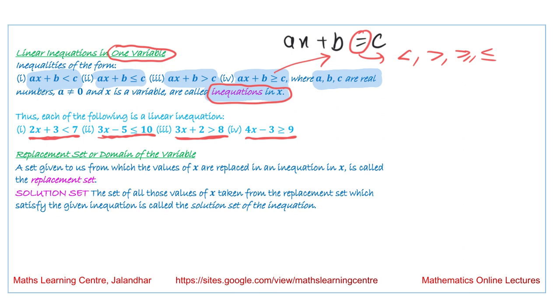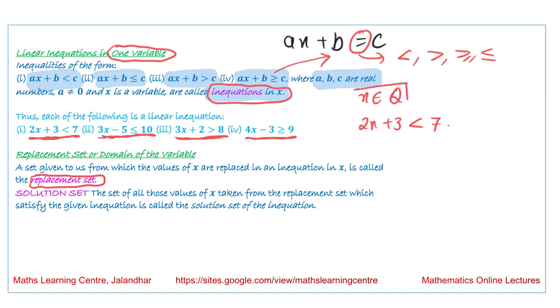Next definition we have is the replacement set, or the domain of the variable, and the solution set. Suppose I am talking about 2x + 3 < 7, and x can take values from the set of, say, integers or rational numbers.